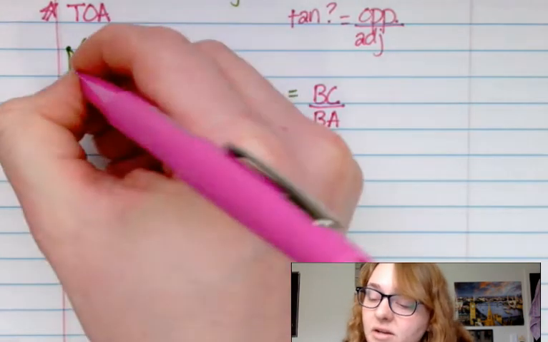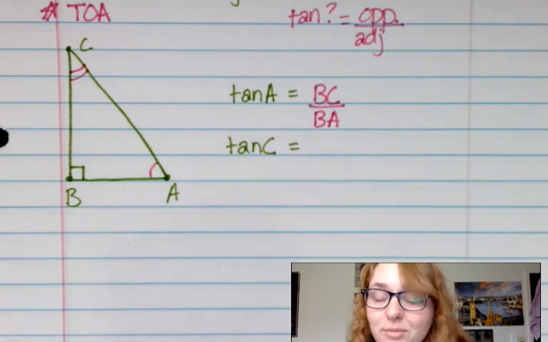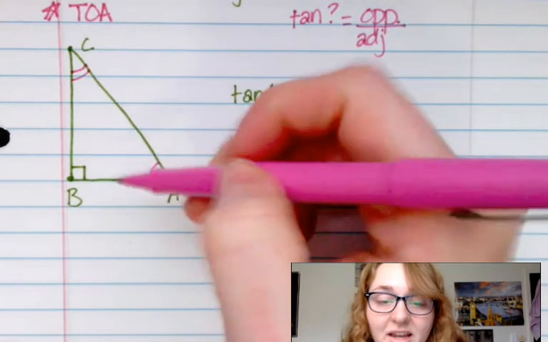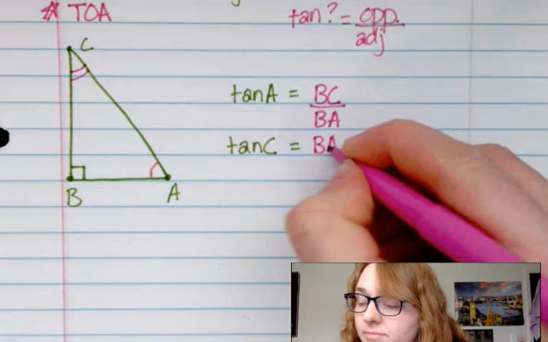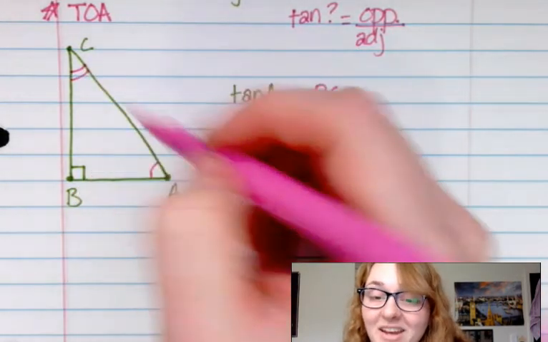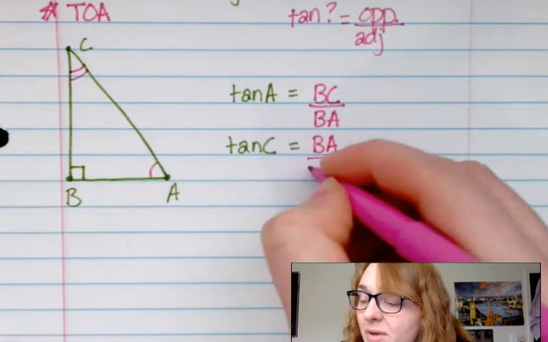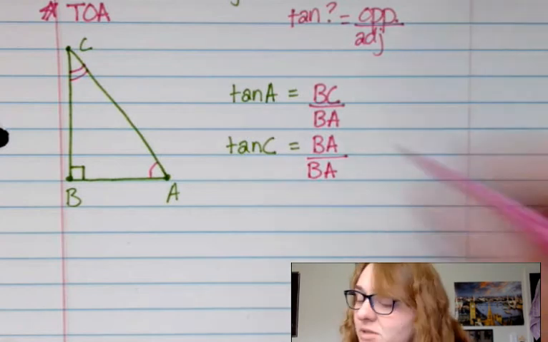Now switching over to angle C here, again, we're looking at its opposite side. The side furthest from, the side not touching angle C, is going to be down here. That is going to be the side BA. And then its adjacent side that is not the hypotenuse, the side that is touching angle C, is going to be this side here, BC.